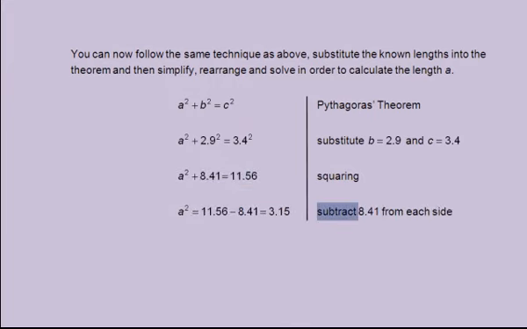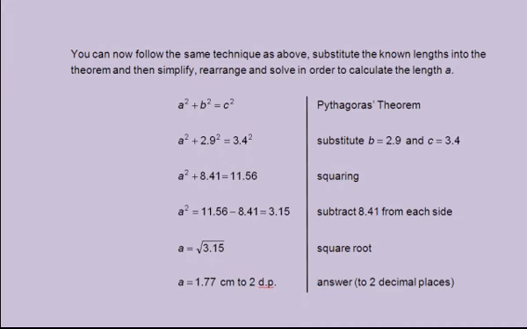Next, subtract 8.41 from each side. So a squared equals 11.56 minus 8.41, which is 3.15. Take the square root. So a is equal to the square root of 3.15. And finally write the answer to two decimal places. So a is equal to 1.77 centimetres to two decimal places.